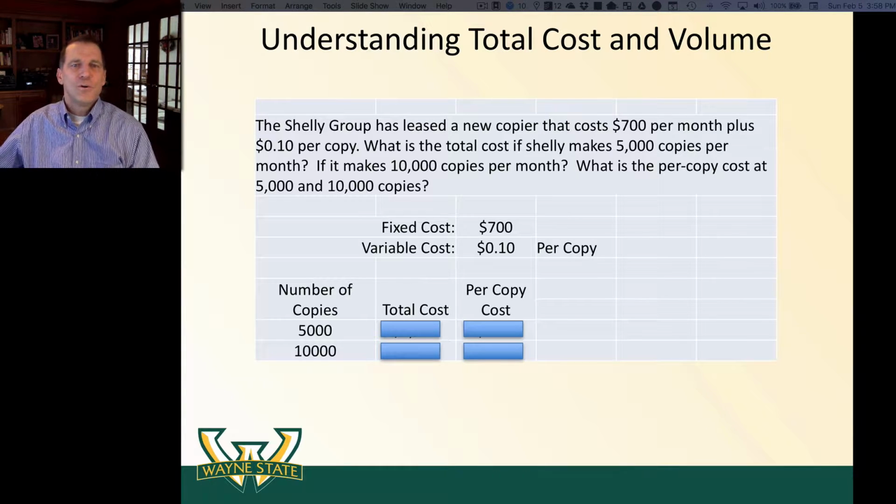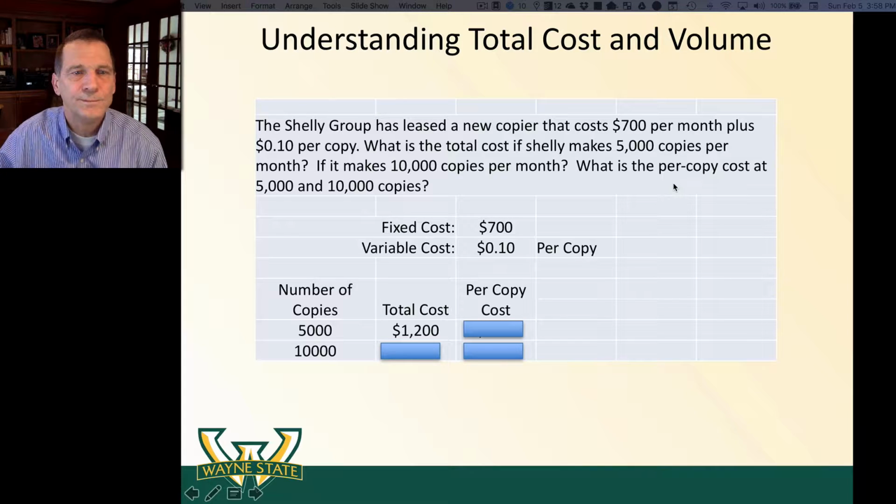All right, so the Shelley Group has leased a new copier that costs $700 per month, plus 10 cents per copy. What is the total cost if Shelley makes 5,000 copies per month, and if it makes 10,000 copies per month? What is the per copy cost of the 5,000 and 10,000 copies? So what's our total cost per month, and what is our per copy cost?